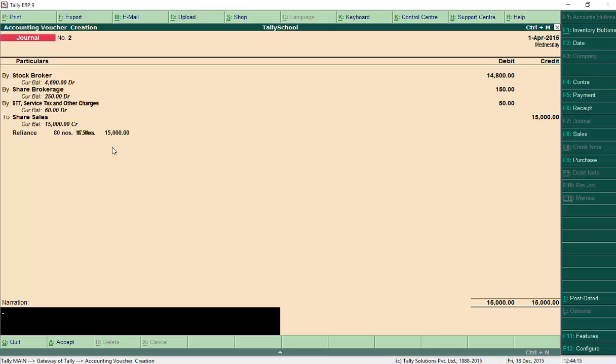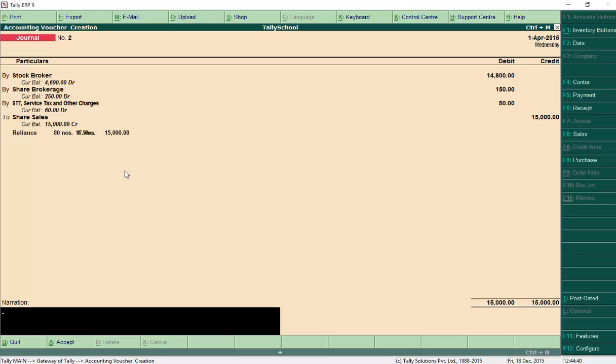As we have pressed enter, automatically it will come down to narration because there is nothing more to enter here. So by mistake, if you enter 15,000 here differently, Tally will tell you to pass another entry and you'll immediately recognize the mistake. So 15,000 rupees credit, and this whole entry is made.